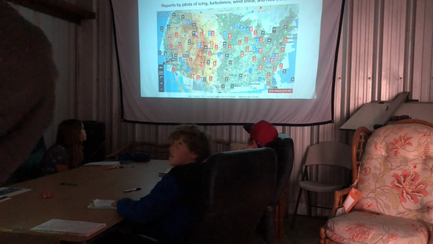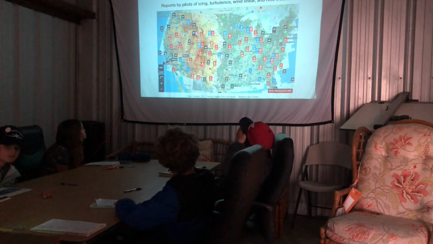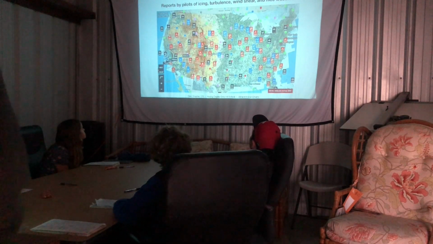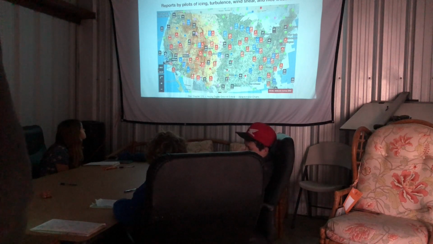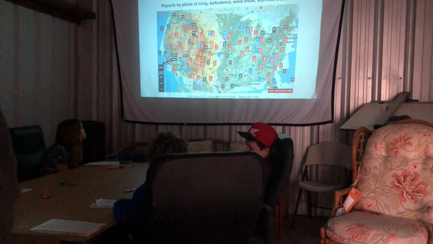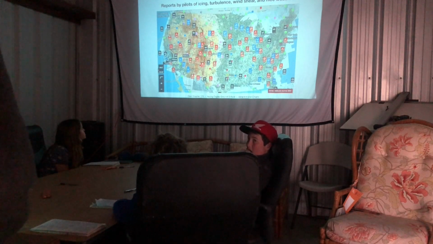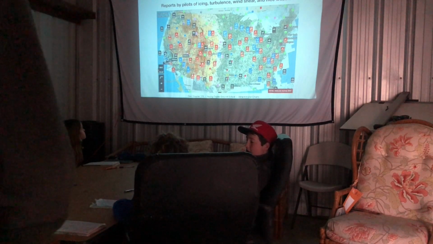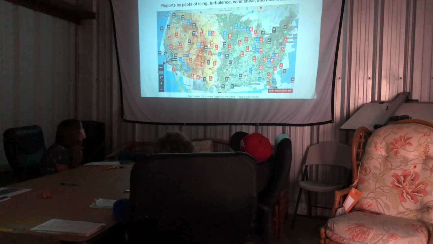I think this doesn't show up on the maps, but I think this is fun. These are pireps. Whenever you're flying, they might ask you when you come in, what were the tops, or what's the ceiling? Because they might want to know where the highest clouds are coming in and out of here. Those right there are for icing and for turbulence.